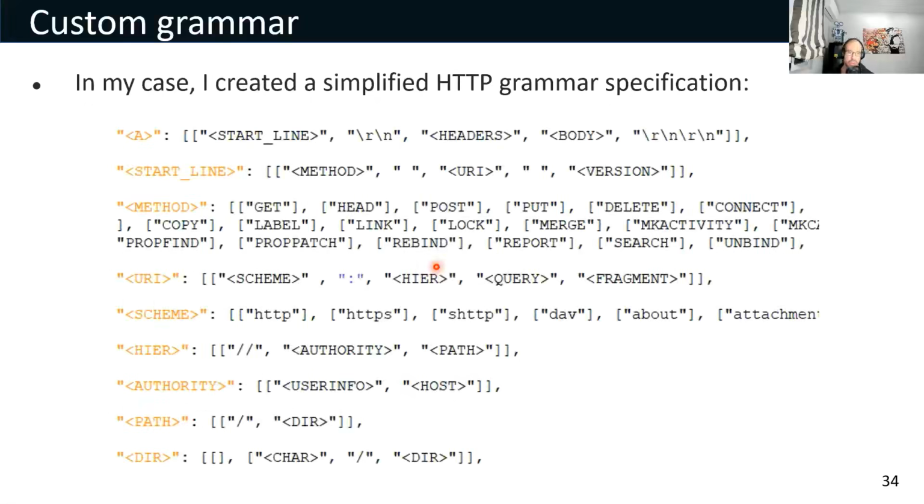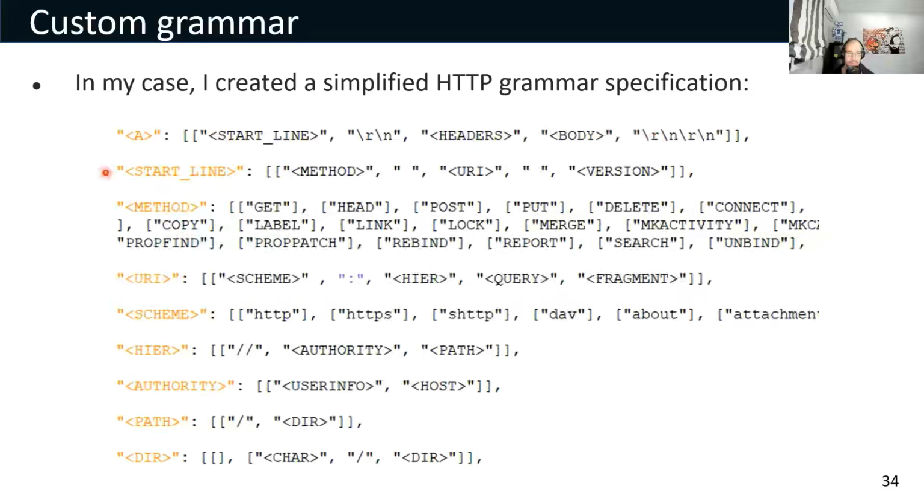Okay, so let's go with an example. This is a snippet of my grammar specification. You can see that every request is composed of a start line, then we have an end of line, then the headers, the body, and the end of the request.